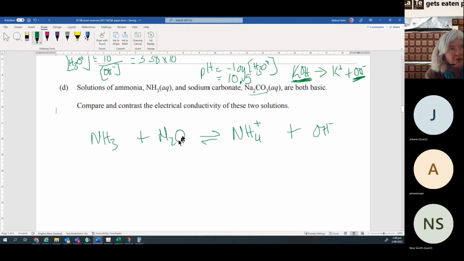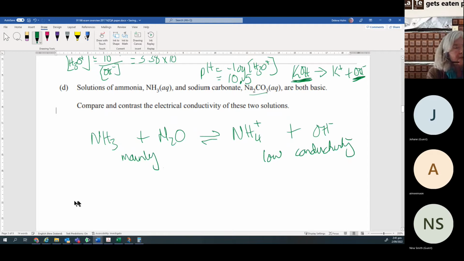Hopefully you can see if only a little bit of this reacts with water, then it's going to be mainly this. So we're going to have a low conductivity because we don't have very many ions present. It's mainly all these neutral NH3 and water molecules. Now, we're not told to discuss the pH, so we're not going to go there.